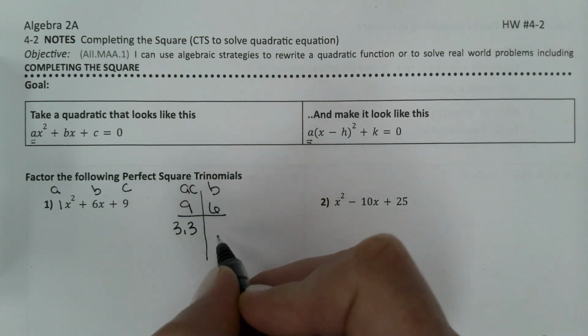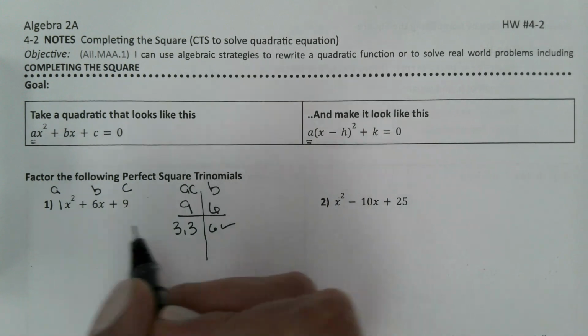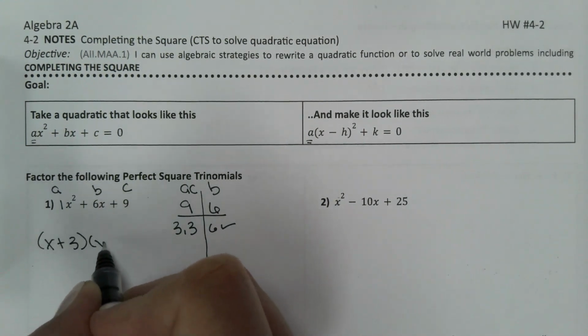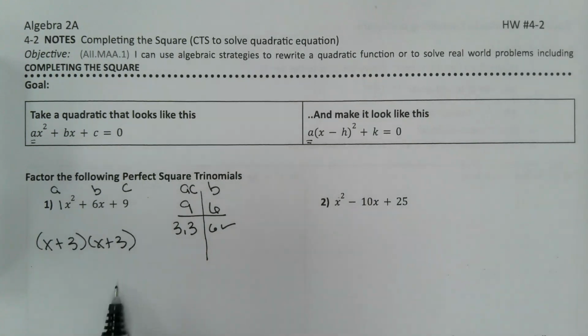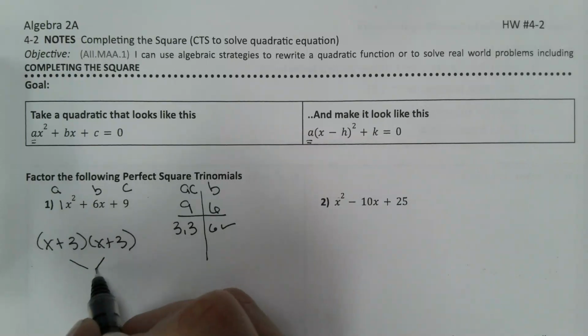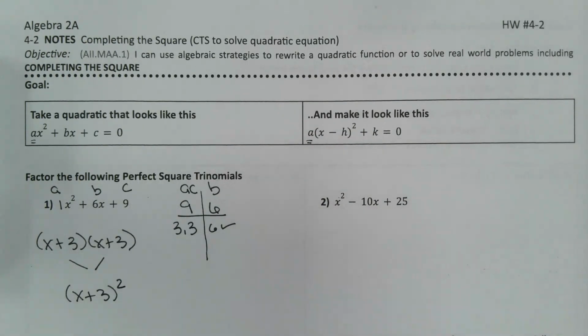So 3 times 3 is 9, and that adds up to 6. So I would write this as x plus 3, x plus 3. Anytime that you have anything times itself, we can just rewrite this as x plus 3 quantity squared.